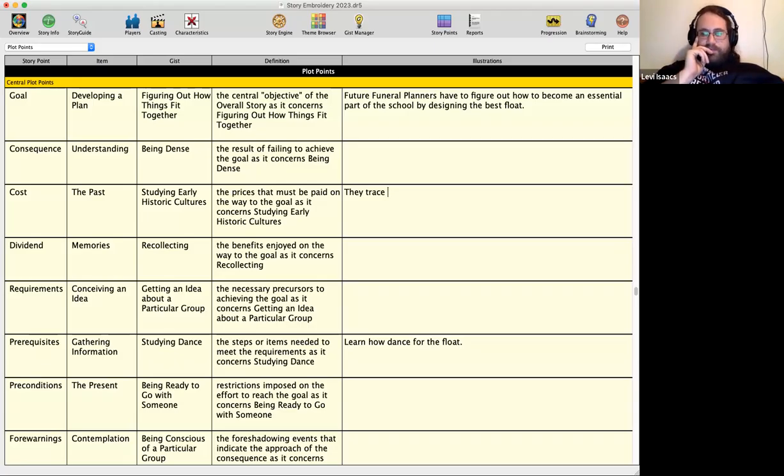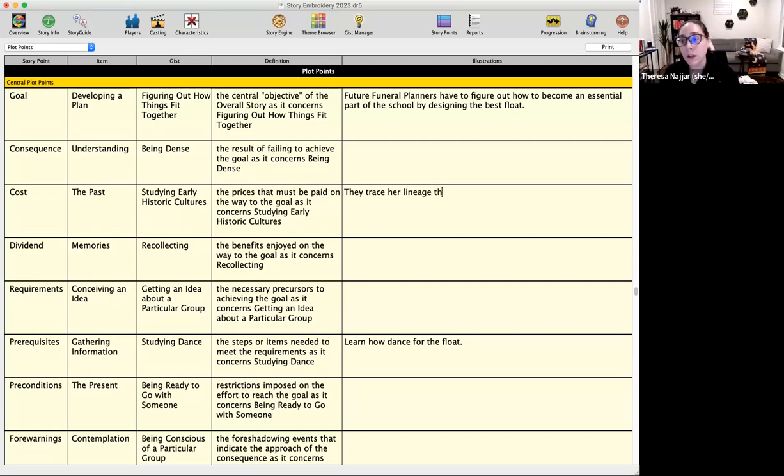I'm not sure. And what is it that they are tracing? Her lineage, the grandmother's lineage. Maybe she's really Anastasia. The dental records do not lie.